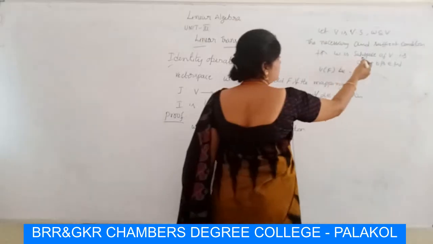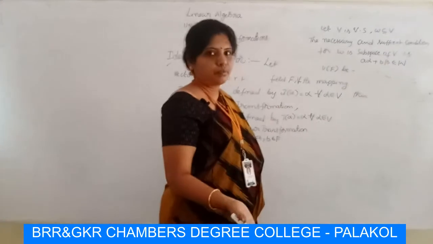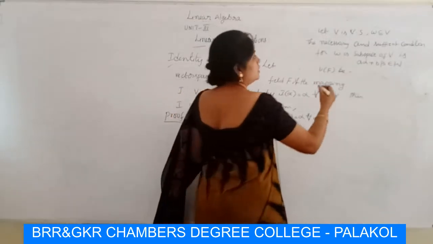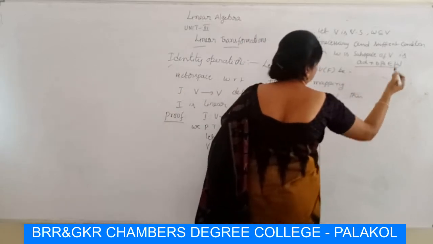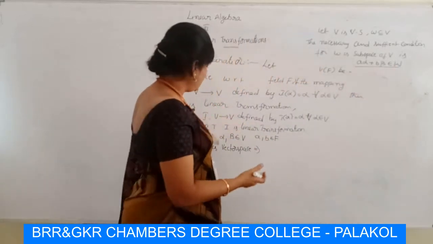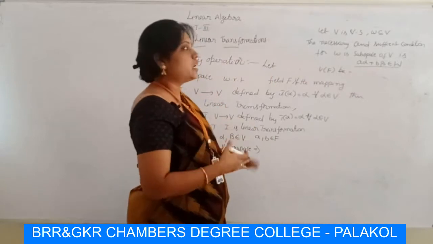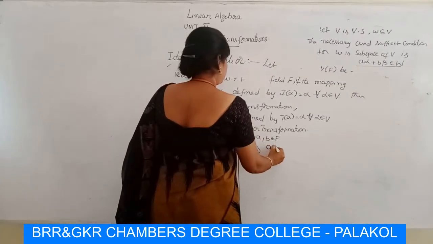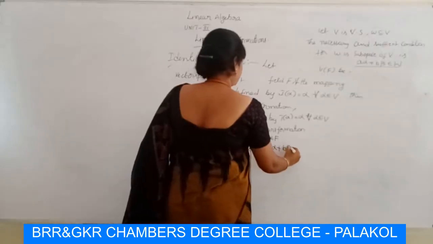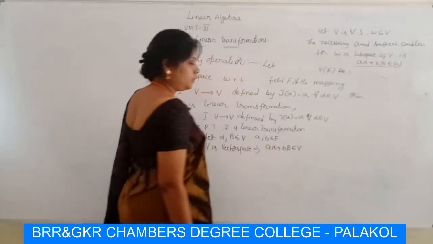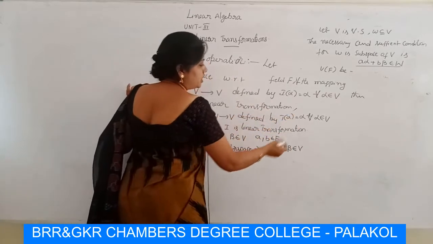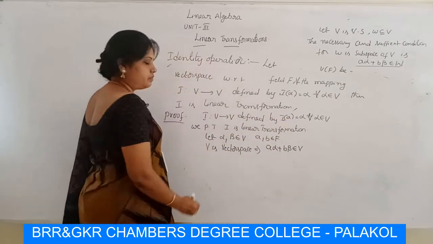So subspace means itself a vector space. Here V is a vector space, so V satisfies this condition: A alpha plus B beta belongs to V. Now we define the mapping I of alpha is equal to alpha.